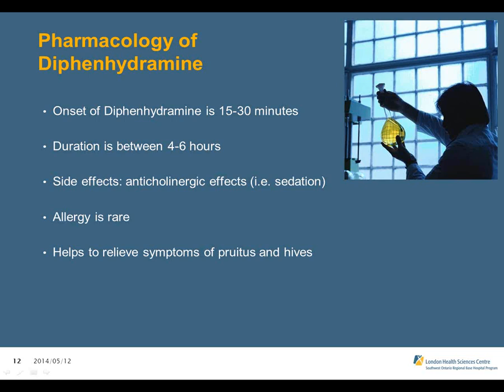Again, allergy to this medication is very rare. And it's important to remember that this medication is designed to relieve the symptoms of pruritus, meaning itchy, and hives. It has no role in treating hypotension or edema in terms of the airway edema, bronchoconstriction.